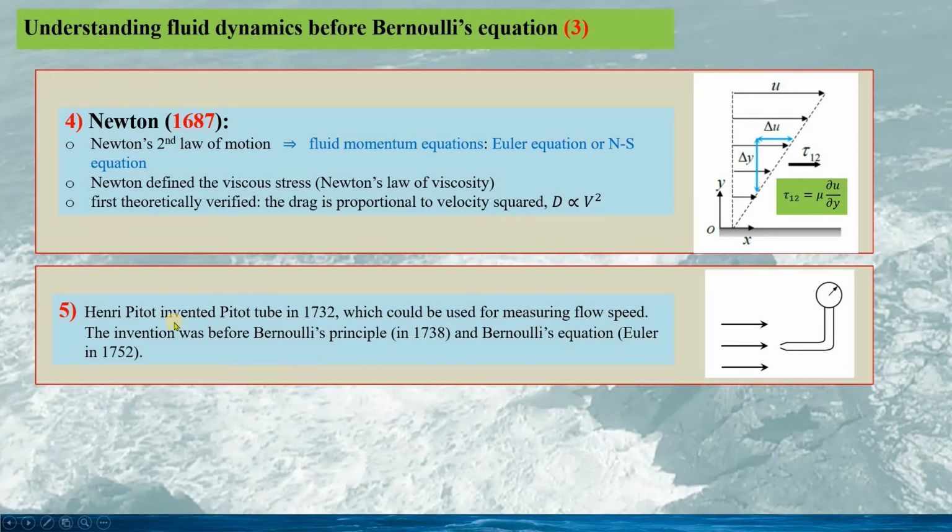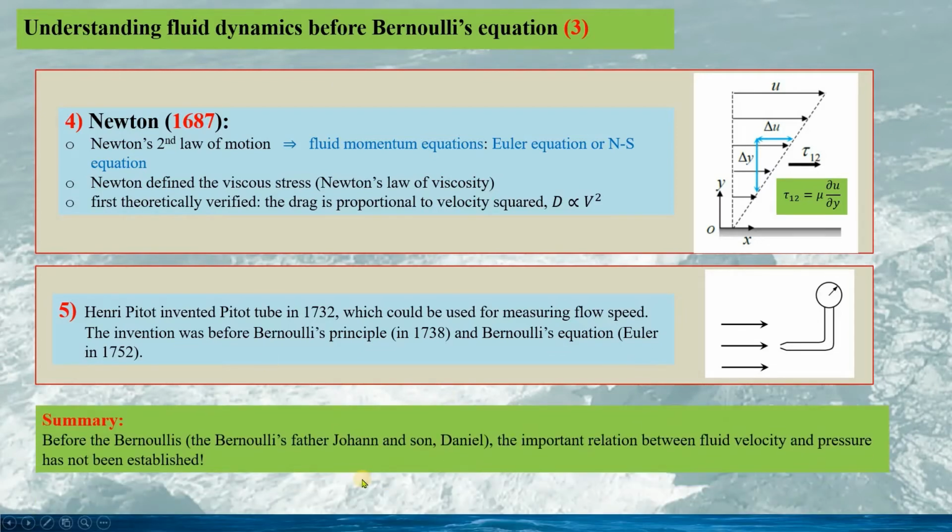And Pitot invented the Pitot tube in 1733, which is a simple device used for measuring fluid speed. Today, the Pitot tube is still widely used in engineering in the measurement of the fluid speed. However, we must note this invention was before Bernoulli's principle, which was published in 1738, and the Bernoulli's equation, derived by Euler in 1752.